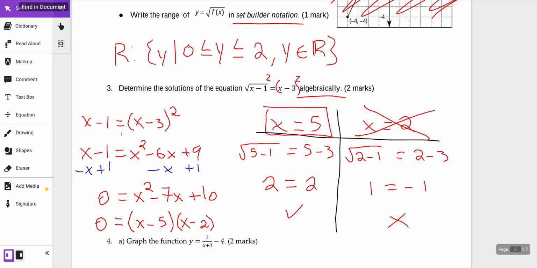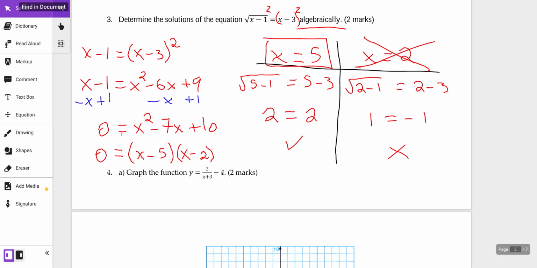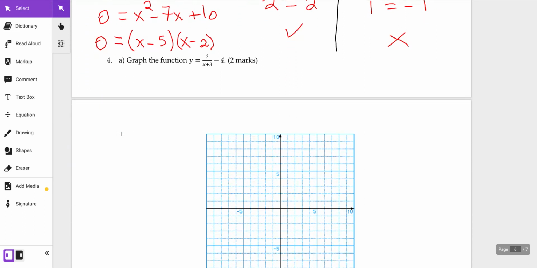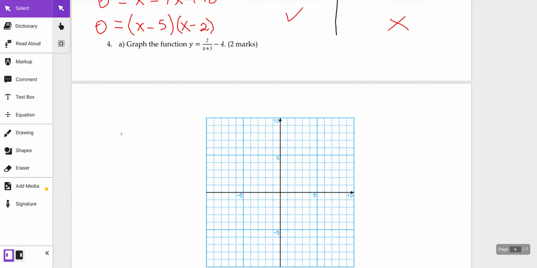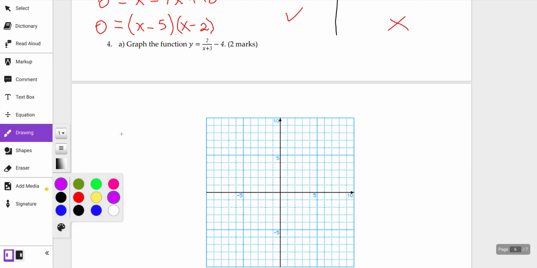All right, last page. Graph the function y equals 2 over x plus 3 minus 4. In this format, these values are telling you where your asymptotes are, because these are horizontal and vertical translations.